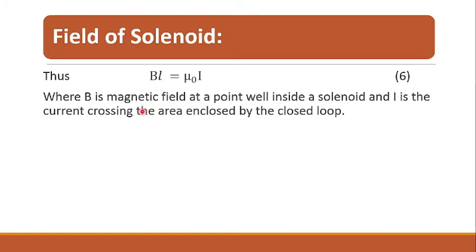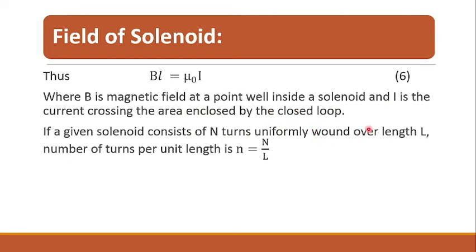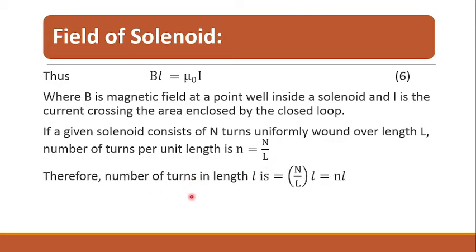Here B is the magnetic field at a point well inside the solenoid and I is the current crossing the area enclosed by the closed loop, right? So if a given solenoid consists of N turns uniformly wound over the length L, the number of turns per unit length is small n equal to capital N upon L, and therefore the number of turns in length L, that is, our segment PQ, is n into L, right?